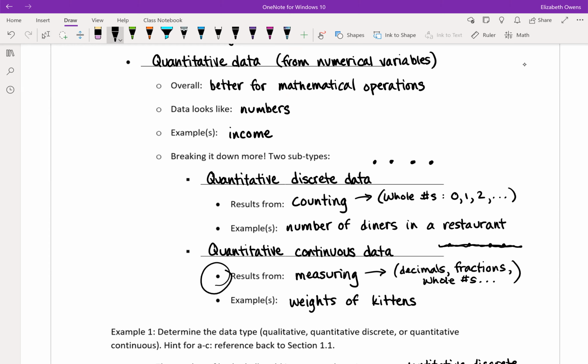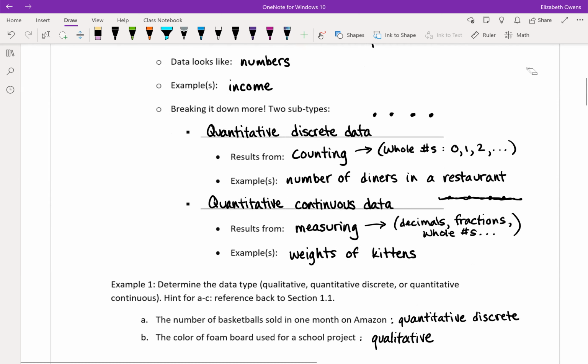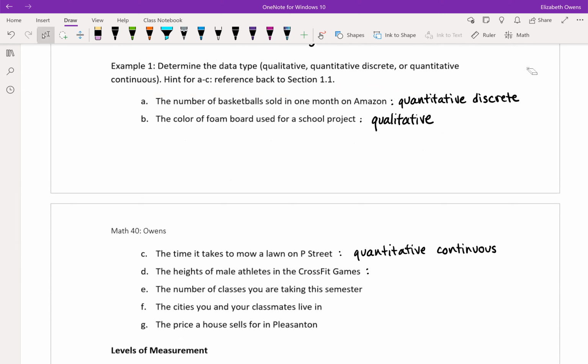We would measure their height. And decimals, things like that would make sense here. Whether you're doing this in centimeters or in feet and inches, this is quantitative continuous. Okay, we get a whole spectrum of results there.